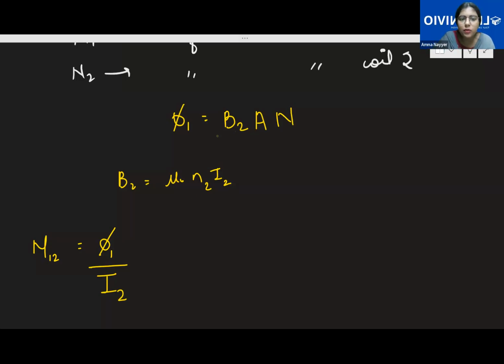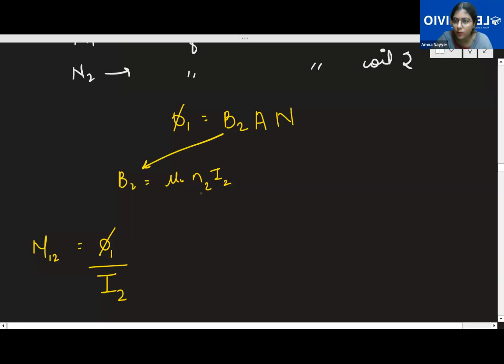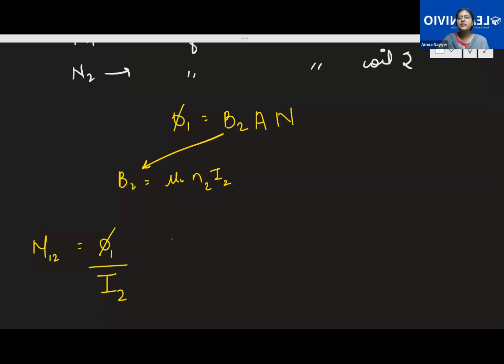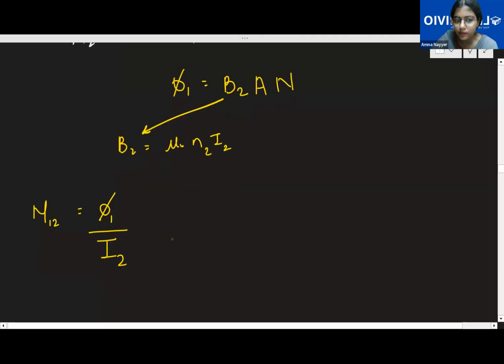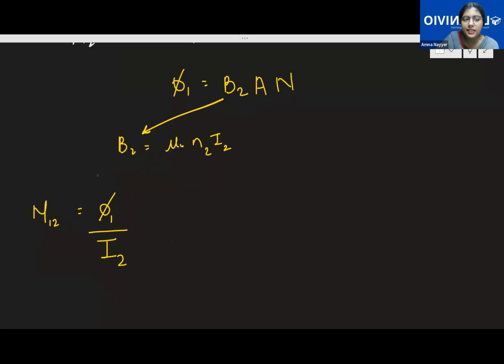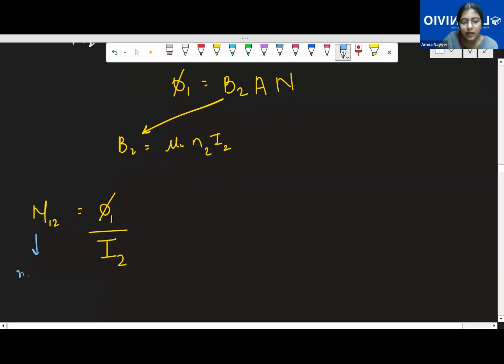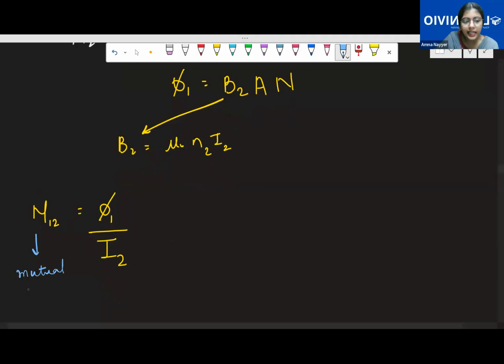So B2 will be equal to mu naught n2 I2. And mutual induction, we already know, is flux 1 divided by I2. When you are calculating mutual induction on 1 due to 2, this is basically the mutual induction of the first coil due to the second, M12.